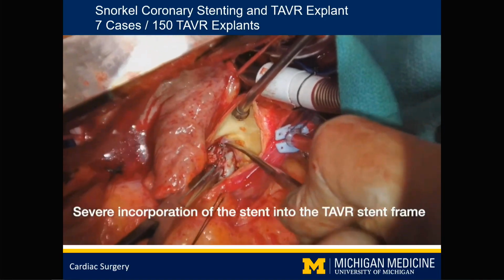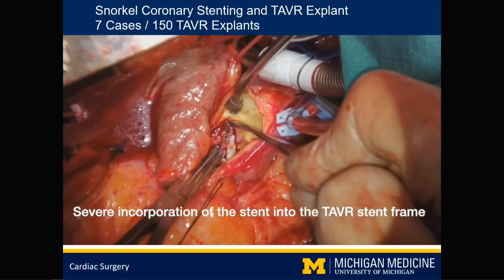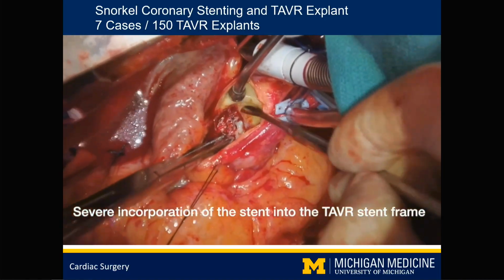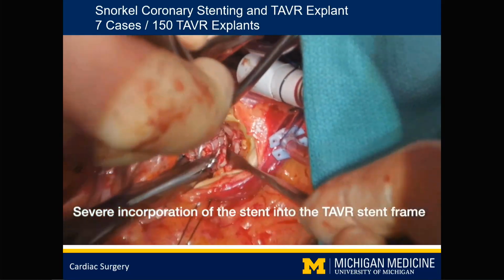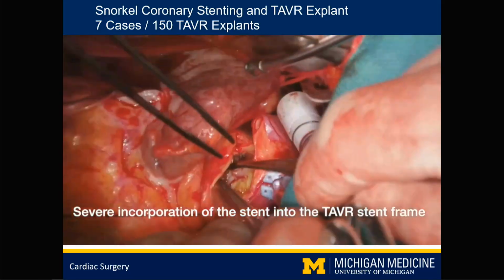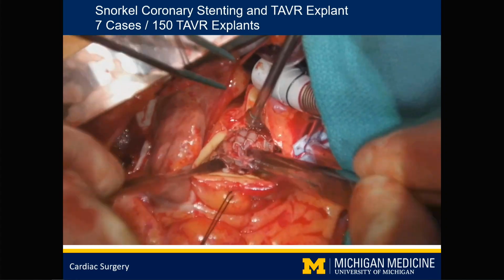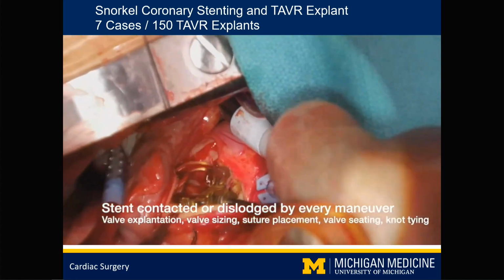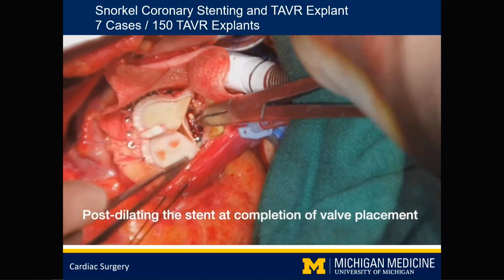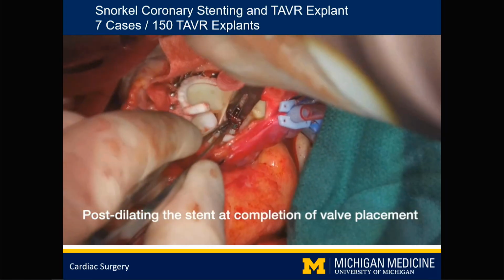With every maneuver when we try to explant the TAVR valve, those stents come out together. And even afterwards, when we size the valve and put in the valve sutures, those snorkel stents are in the way.